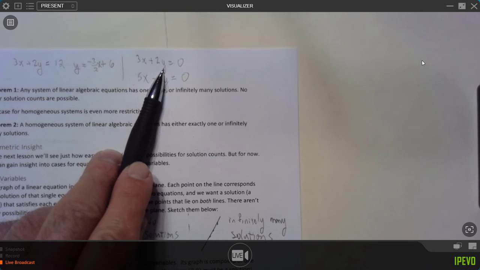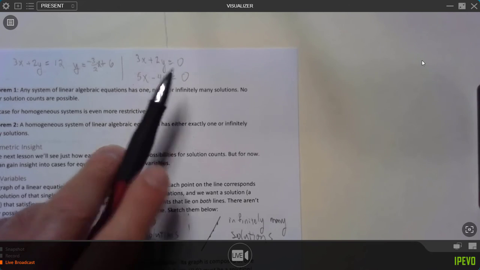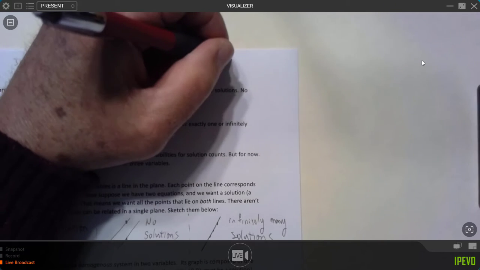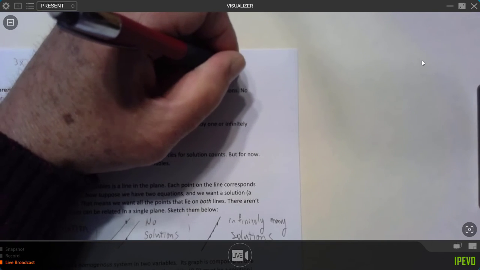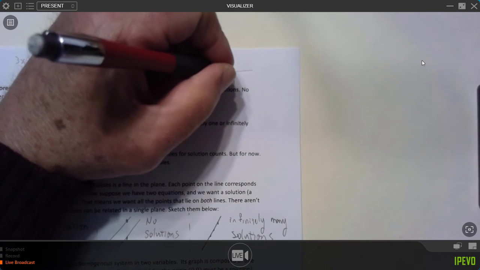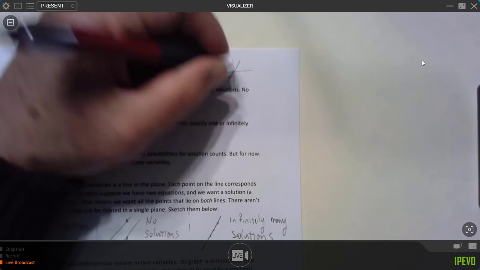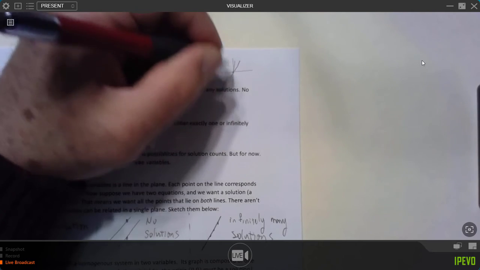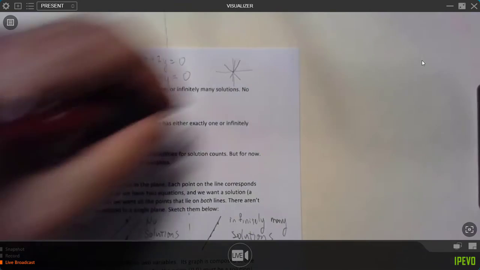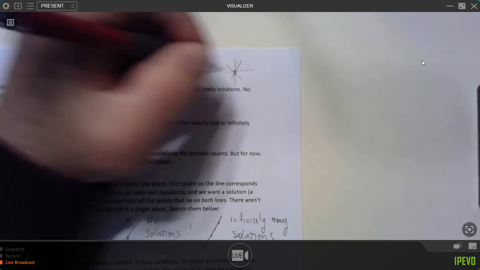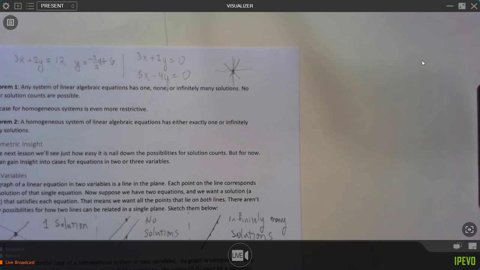The point is there is no constant term, so any such lines have a y-intercept of 0. They have to go through the origin. So no matter how you pick these lines, they are guaranteed to share one point in common, namely the origin.